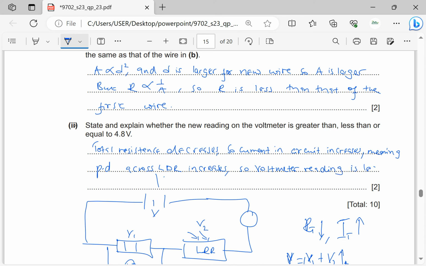It is going to be less than 4.8 volts. Because the current has increased and the resistance of the LDR has remained the same, it means the PD across the LDR is going to be greater. So that means to maintain the same total EMF, the PD across the heater is going to be smaller, so it is going to be less than 4.8 volts.